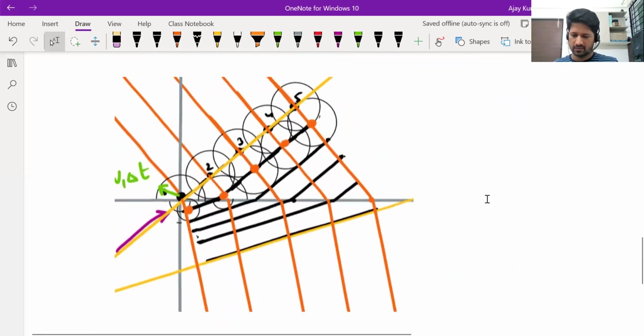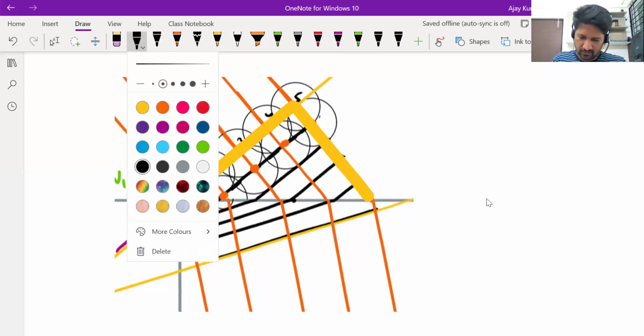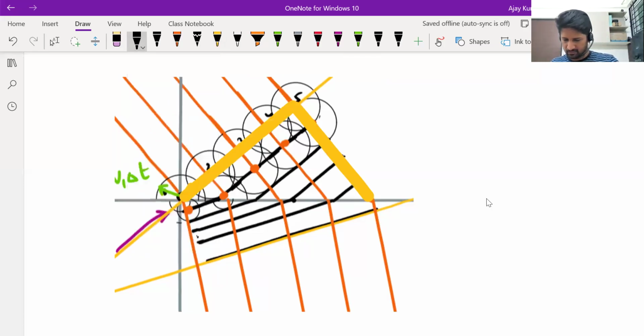You can clearly observe two triangles here. I'll highlight them, one in yellow and one in another color. So in the first medium, you can see there's a right angle triangle like this. Now the two triangles have a common side. That common side we'll take in black.